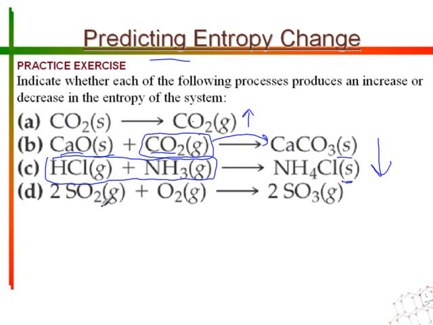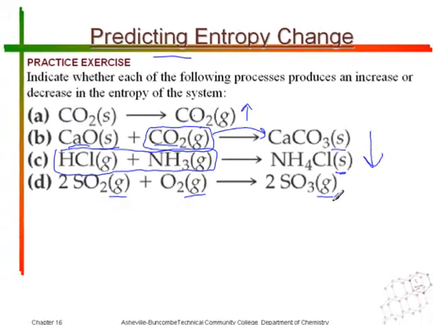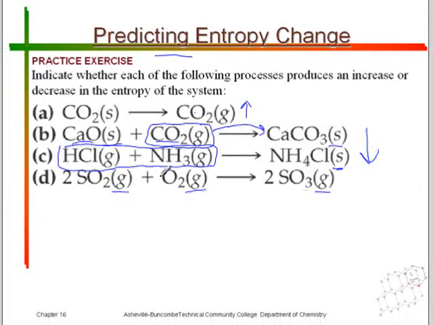Okay. Now this last example takes a little bit more thought. Think about what we're looking at. We're all talking about gas phase, so the phase transition does not help us here. What helps us here is recognizing the fact that we have 3 moles of gas here, and then only 2 moles of gas here.